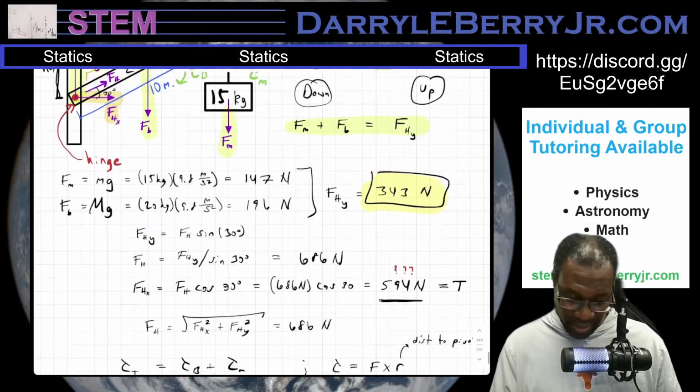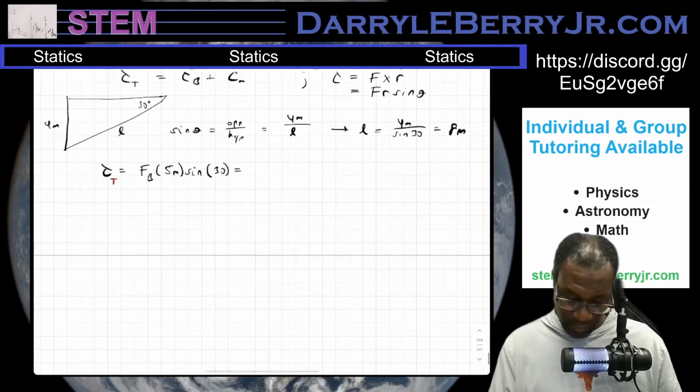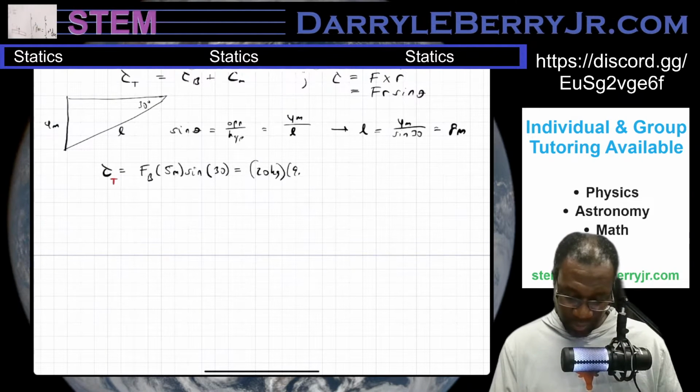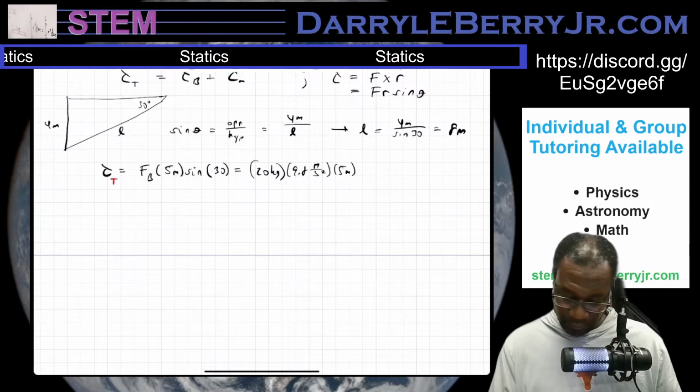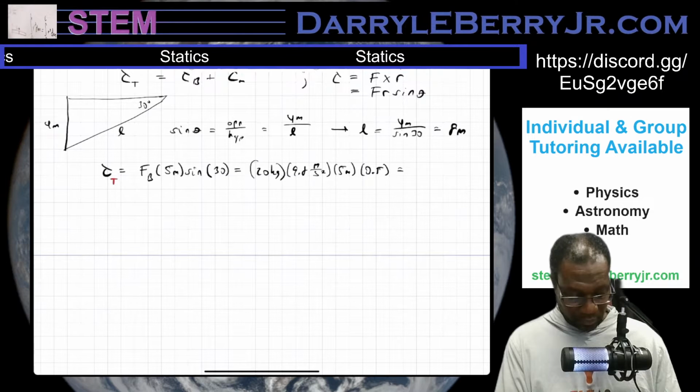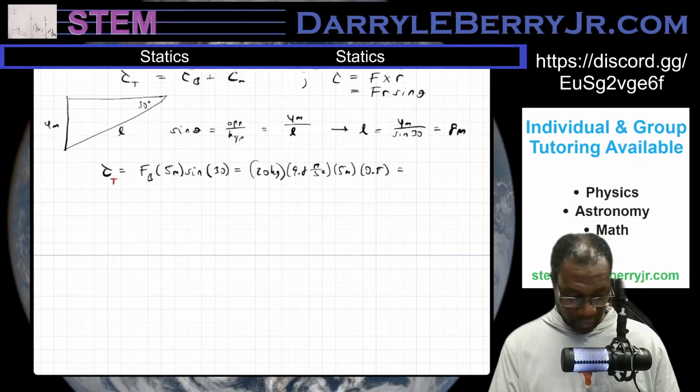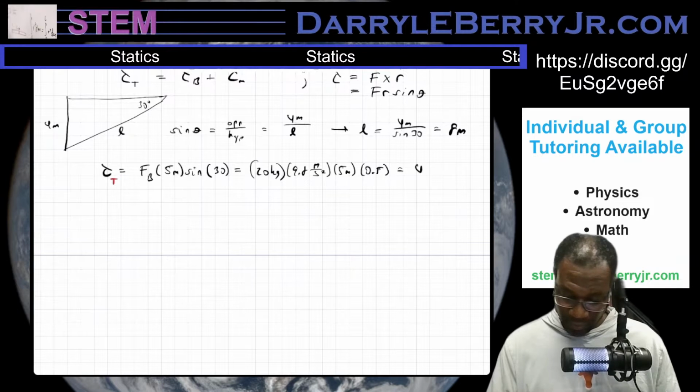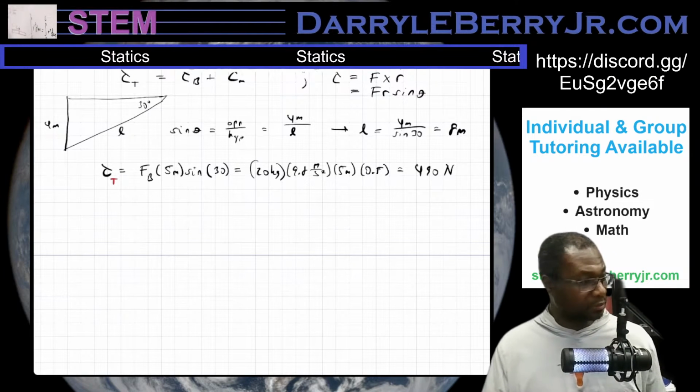So this is going to be 20 kilograms, 9.8 meters per second squared, 5 meters, 0.5, times 9.8 times 5 times 5 equals 490 newtons.